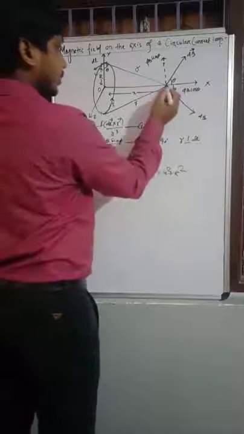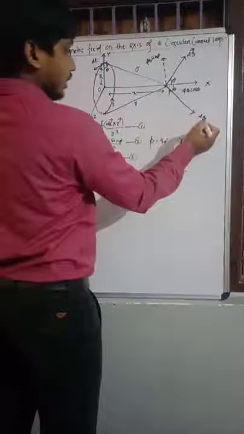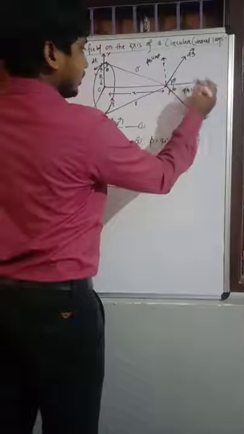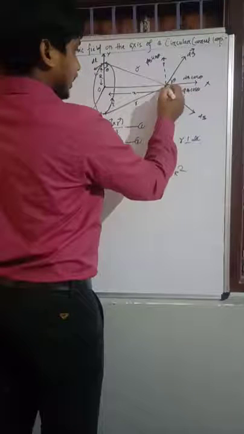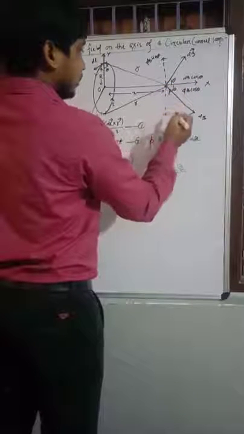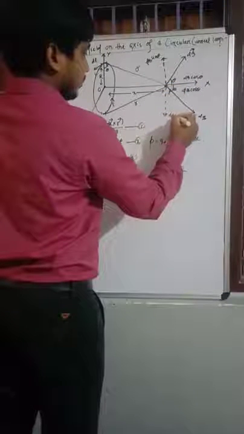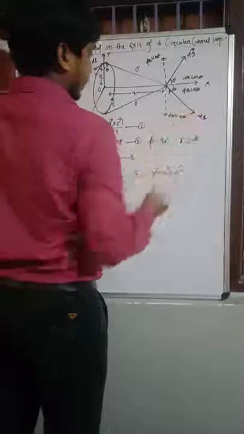And at this point, if you resolve this dB, again you will get along the x-axis dB cos theta, and along the axis perpendicular to it you will get dB sin theta.